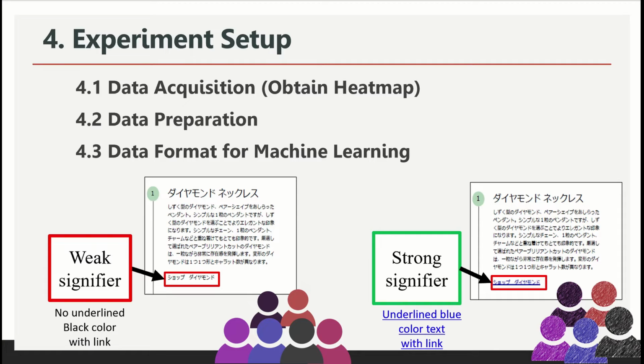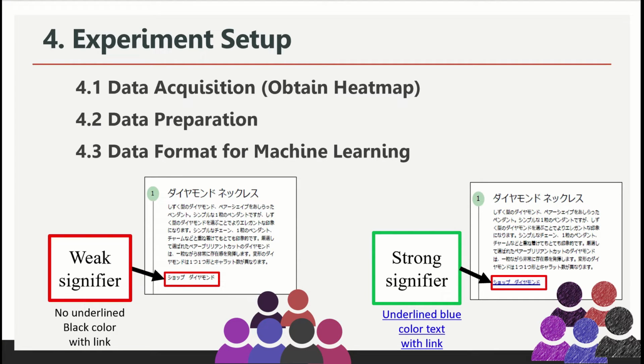Experiment setup. Eye tracking heat maps in this study were obtained from 11 university students aged 22 to 24 years. They first entered a preliminary experiment in which they were divided into two groups. The first had 6 participants who visited a webpage with a weak signifier, and the second had 5 participants who visited a webpage with a strong signifier.